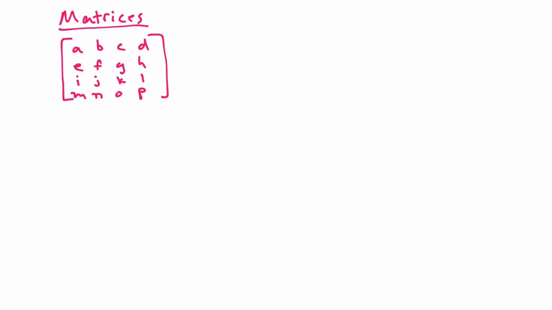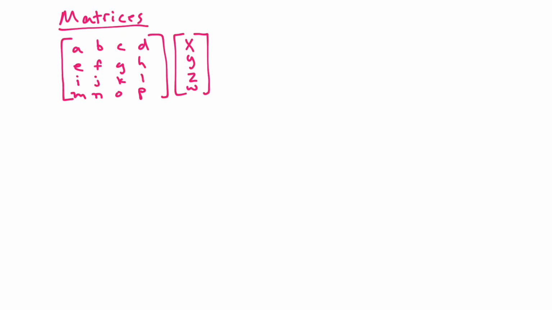So next we're going to talk about matrices. Now we're going to use this matrix where we just use the letters of the alphabet as the column and row elements, and we want to multiply by a 4x1 vector. And we're going to see why we need to use a 4x1 vector in just a bit.